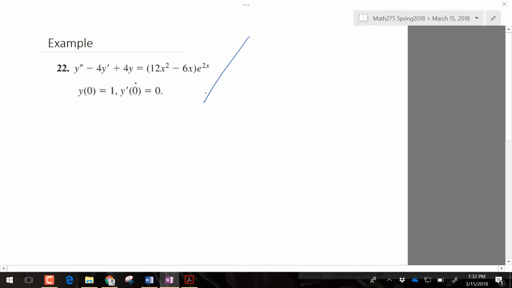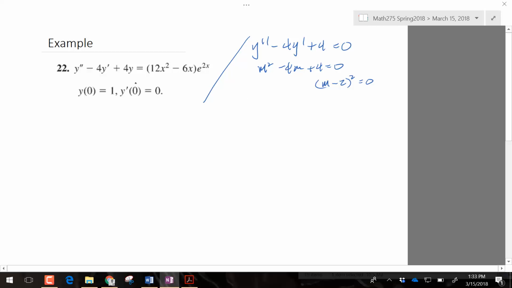So let's find our, what do they call it again? Complementary solution. Let's find our complementary solution. y double prime minus 4y prime plus 4y equals 0. This is going to factor: negative 2, negative 2. m squared minus 4m plus 4 equals 0. m minus 2 twice. So we got multiplicity 2.